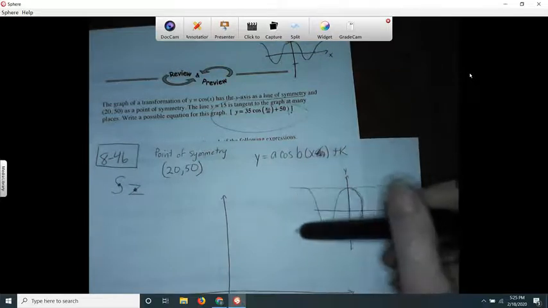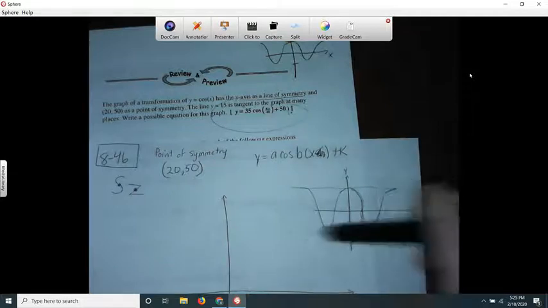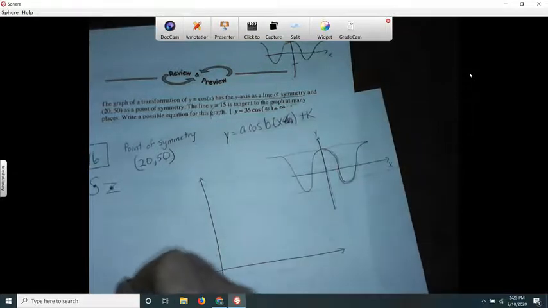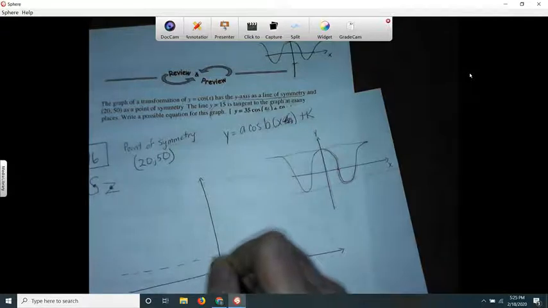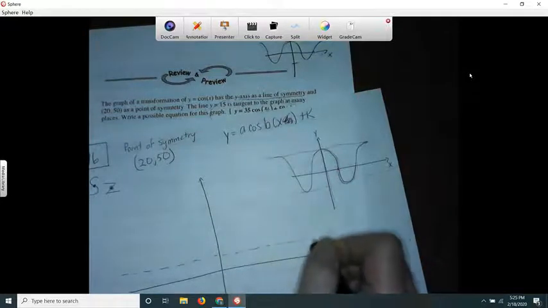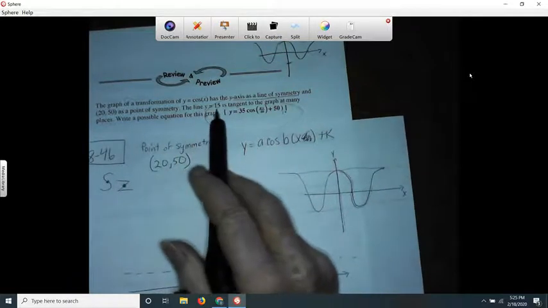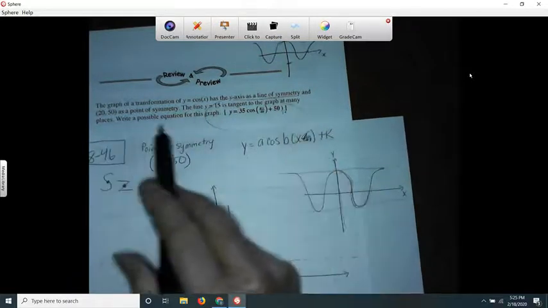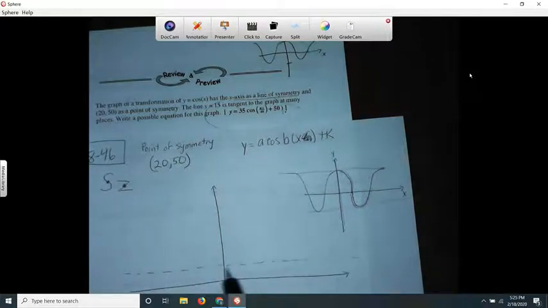So it's got to be going along the bottom of the graph, which is fine with me. So I know there's this point of tangency. The line y equals 15 is tangent to the graph at many places, so I know that's going to be the bottom of the graph.